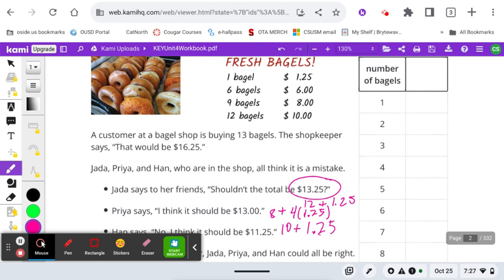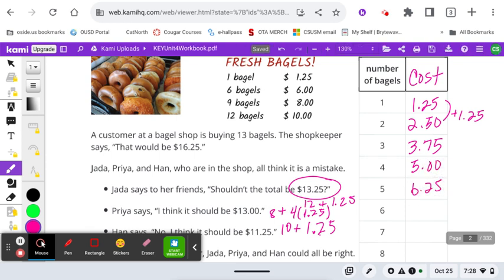Over here on the side, the number of the bagels and this table for cost, we could fill this in going down incrementally, meaning one bagel is $1.25, and then we keep adding. But then we get to 6 bagels, we see that price decrease right here, where it jumps down to $6 for 6 bagels.